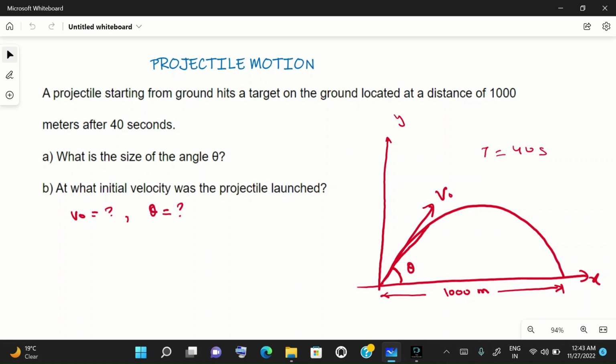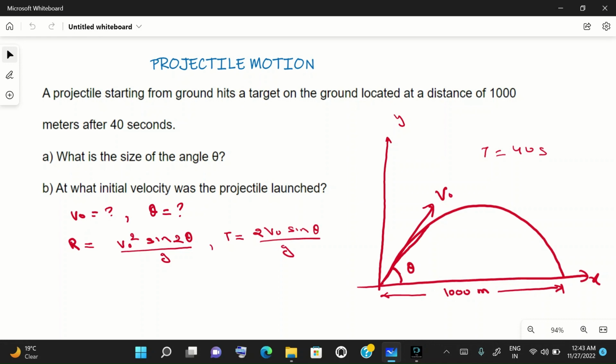So let's solve. From the previous videos we have the formulas: the range R is equal to v0 square sine 2 theta divided by g, and we have also calculated the total time of flight, T is equal to 2 v0 sine theta divided by g.